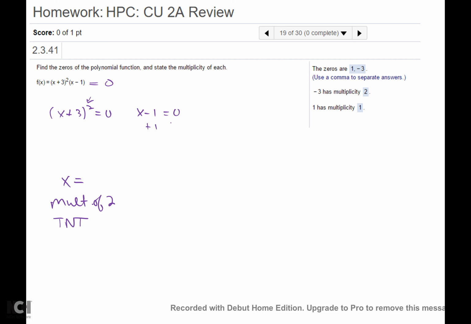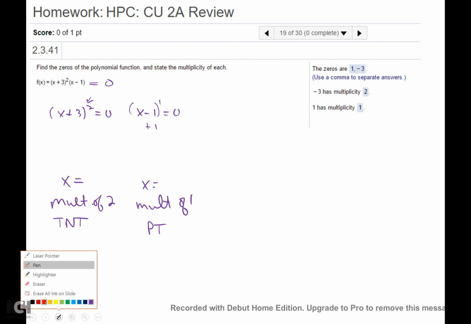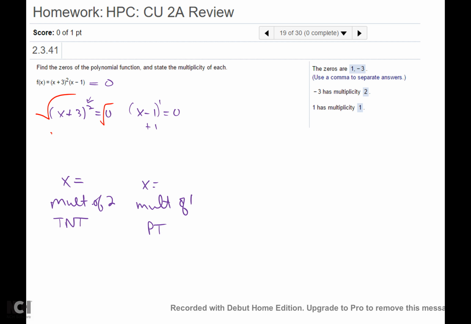This one, when I get through solving it, is going to have a multiplicity of 1, because its exponent is a 1. That's an odd multiplicity, which means it's going to pass through. To figure out what the zeros are, you set it to 0 and solve. So for the first one, square root, I get x plus 3 equals 0, minus 3, x equals negative 3.